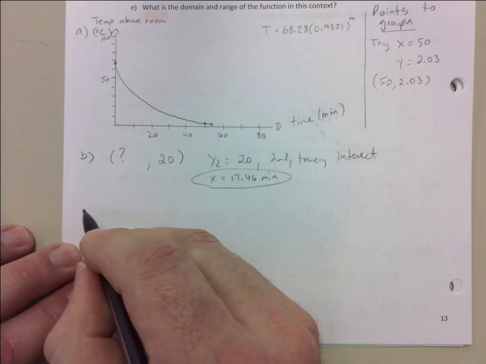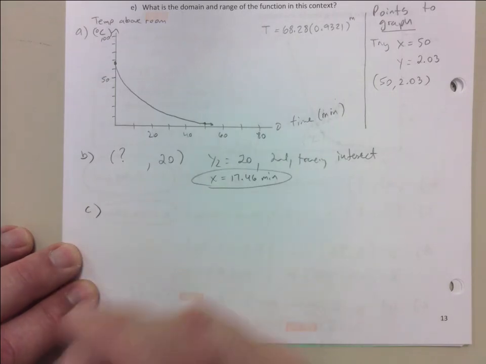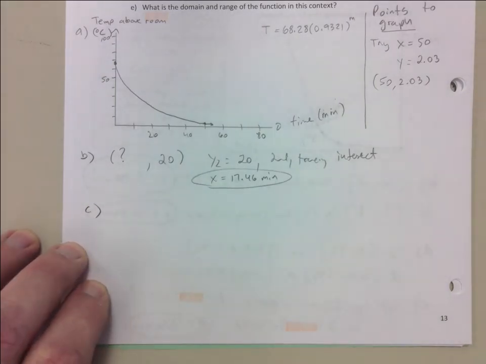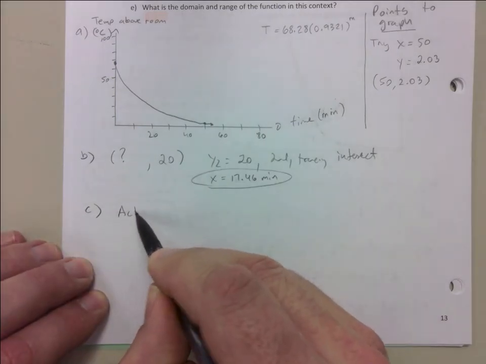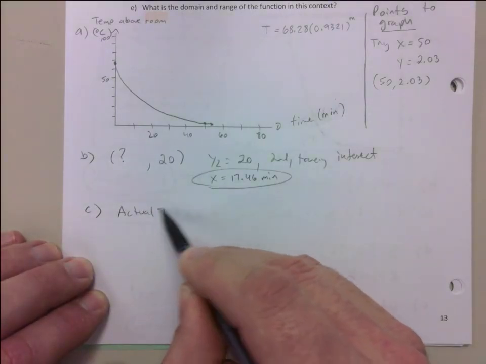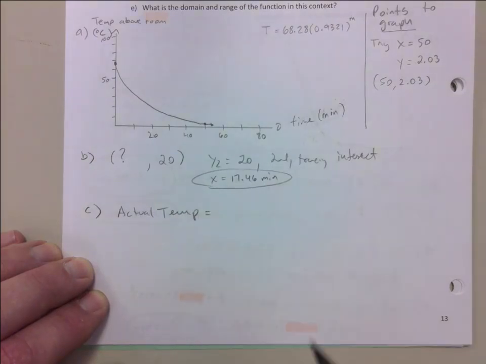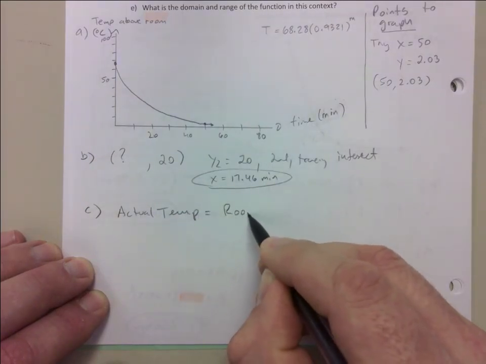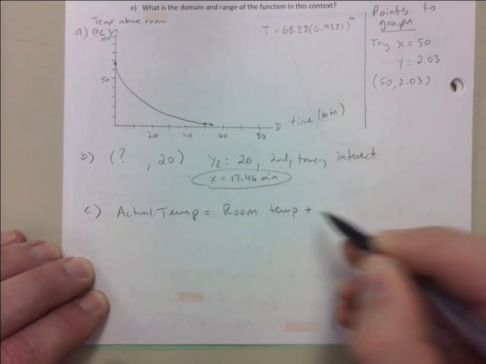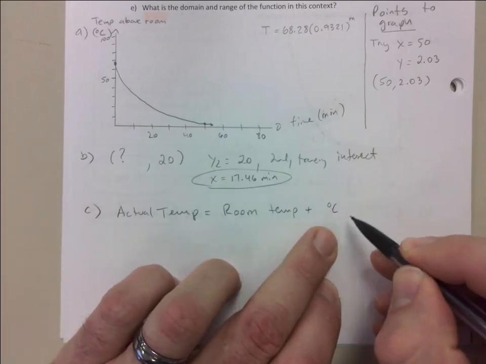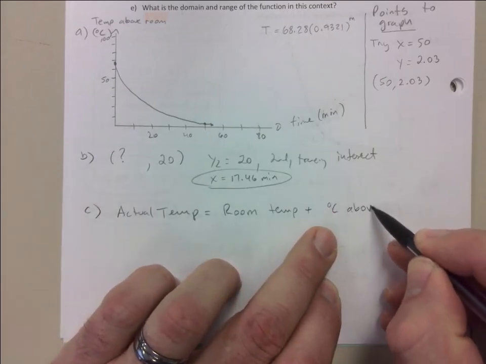So C, what is the actual temperature of the hot chocolate in 30 minutes if the room temperature is 20 degrees? For the actual temperature, we would have to go room temperature plus degrees Celsius above room temperature.